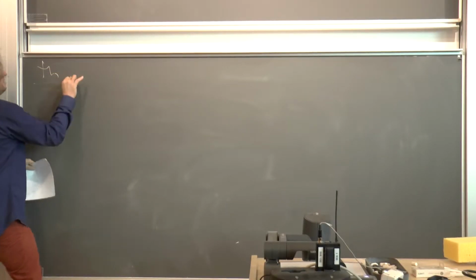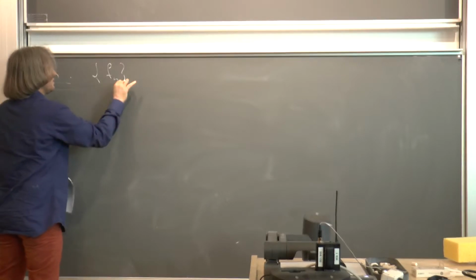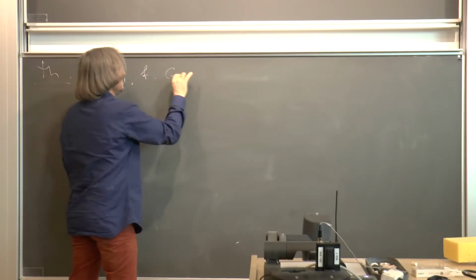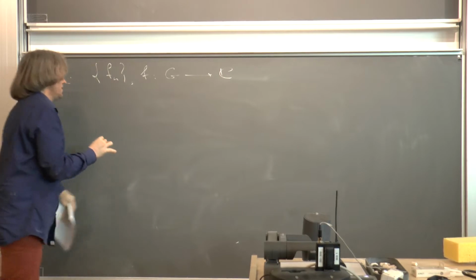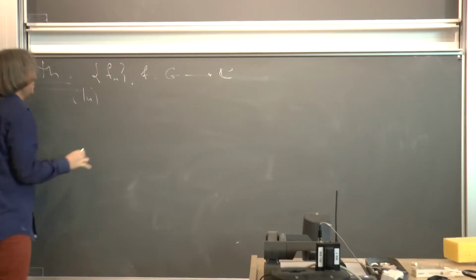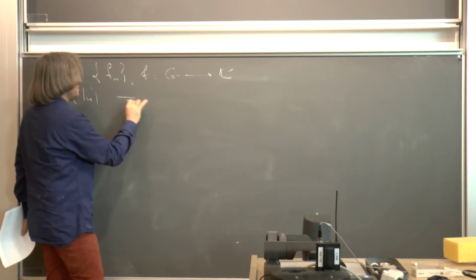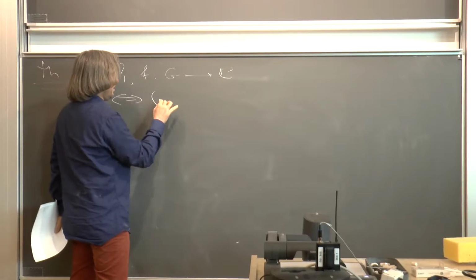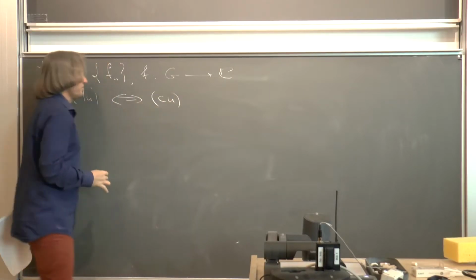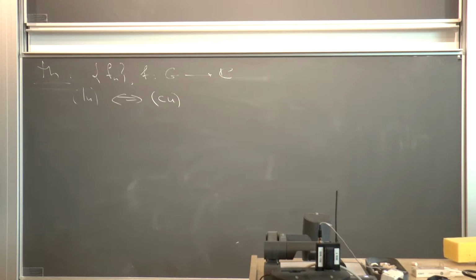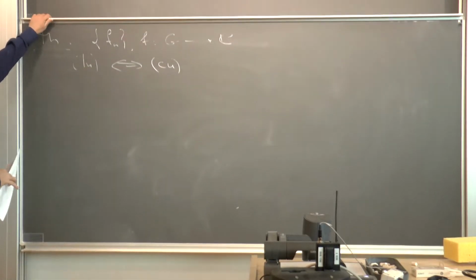Theorem. We have this sequence and this function on G. Then local uniform convergence is equivalent to uniform convergence on compacts. Proof.